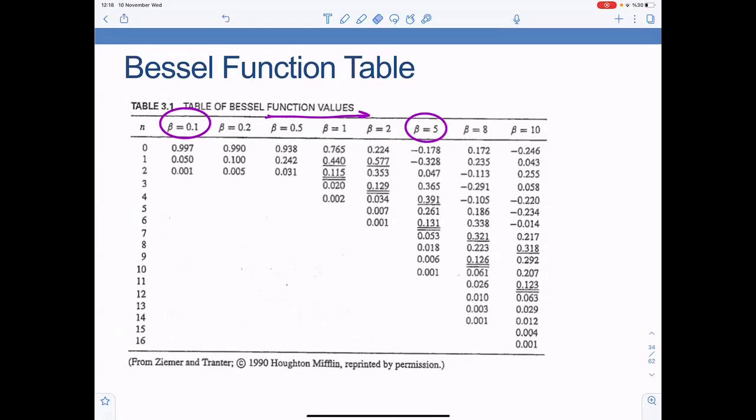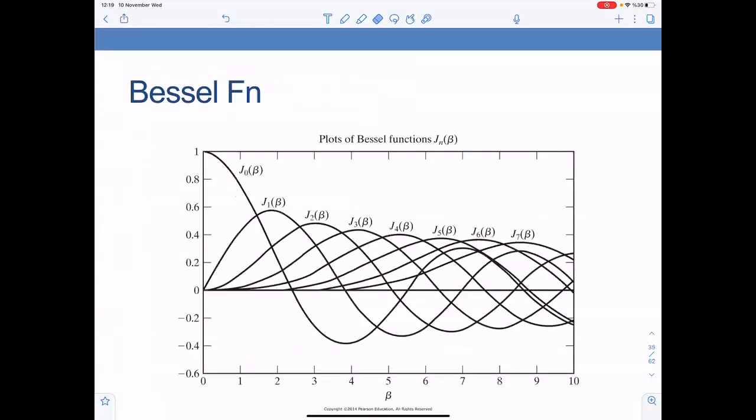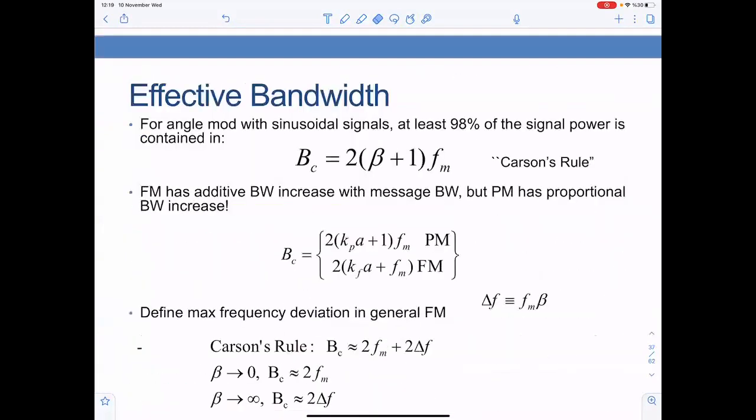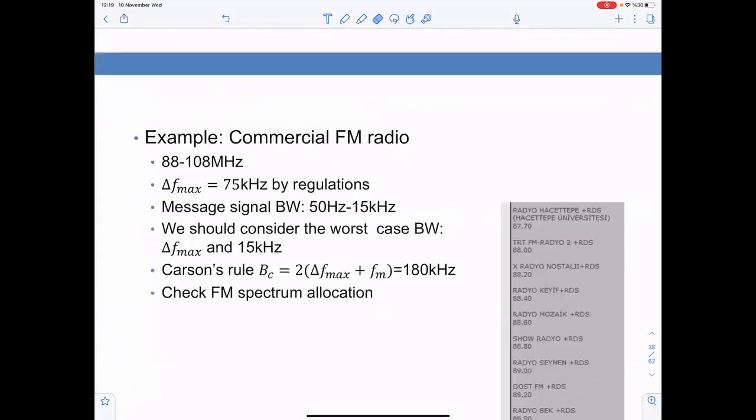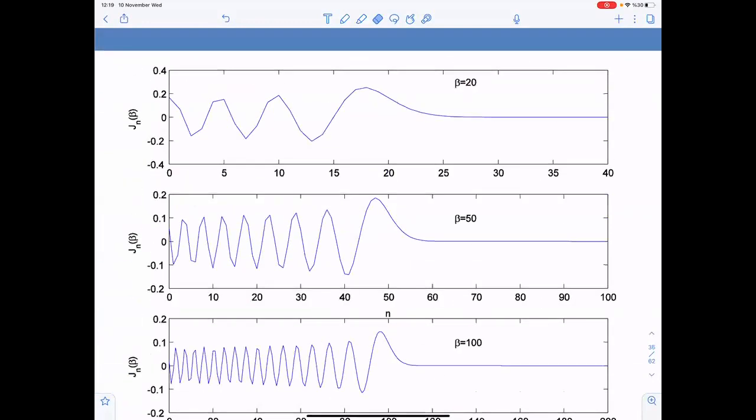Well, this table is showing only positive values of n. Why? Because of the symmetry property of this Bessel function. Negative values are either equal to the corresponding positive values or negative of those values.